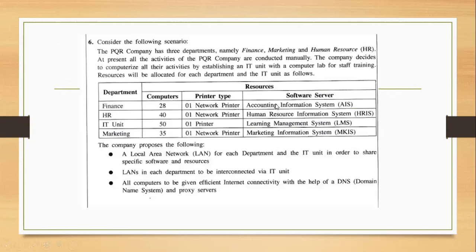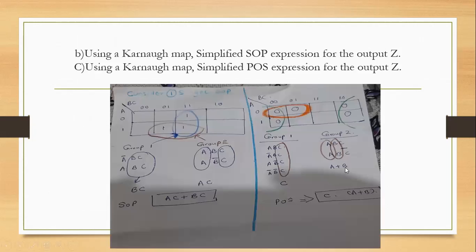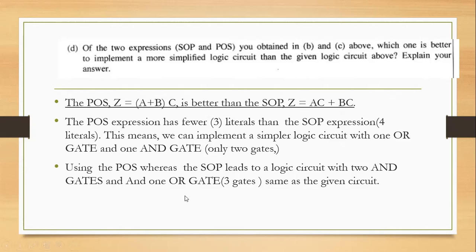Here you can see there are only 2 gates needed, an OR gate and an AND gate. Here there are 2 AND gates and an OR gate.